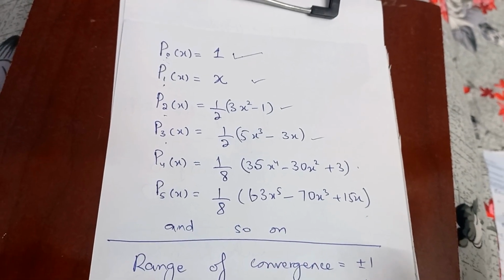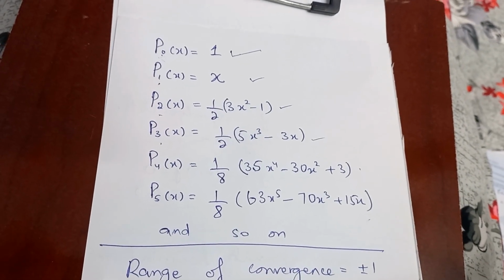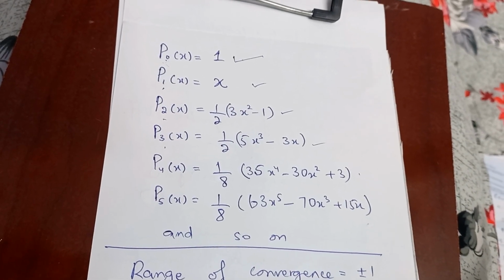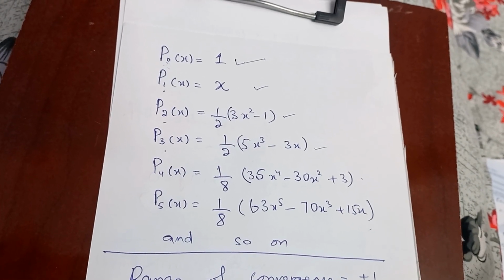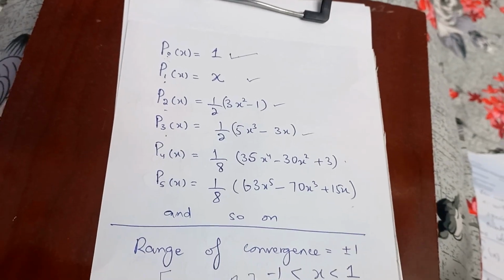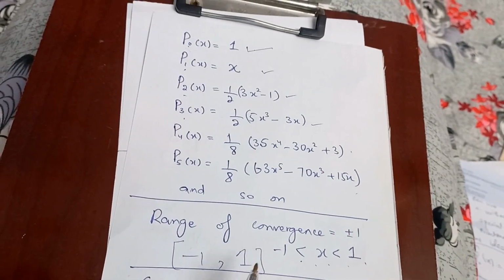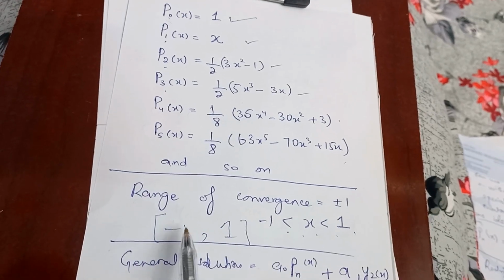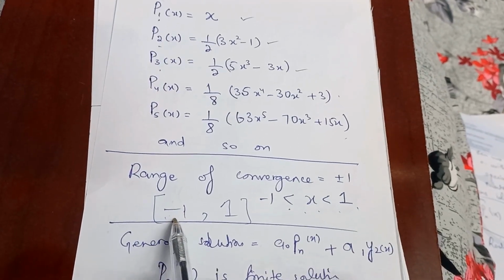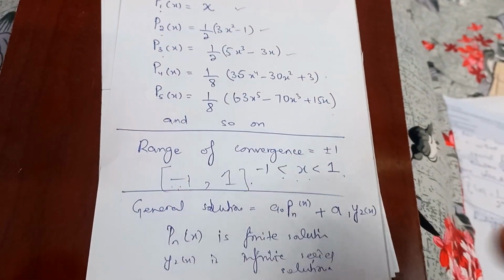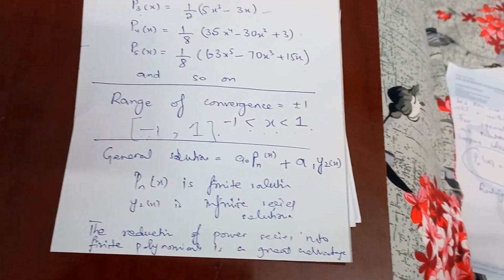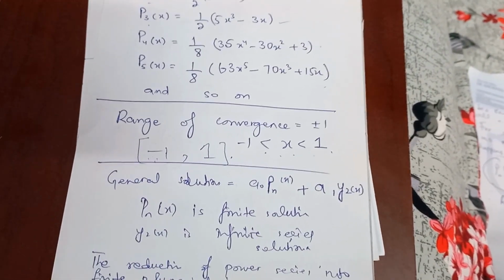And that's the good thing about the polynomial solutions, because they are finite and they are converging for all values of x. But if we have the infinite solutions, then they have to be considered for a range of x values like -1 to 1. I don't know if you have already solved the Legendre differential equations using the power series method or not.